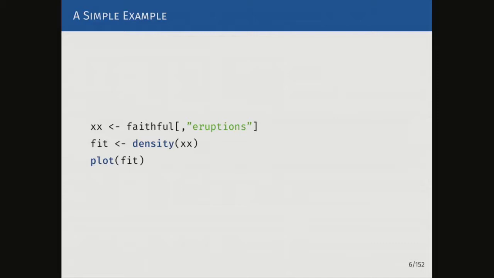Faithful is the name of a geyser in one of the US national parks, and this is times between eruptions. So we're subsetting a single column of a data frame named faithful. We now have a vector in XX, and we're just calling one of the built-in statistics functions, density, to get ourselves a density estimate. We don't even look at the density estimate, what comes out. We're just taking this thing called fit, and we're sticking it into plot.